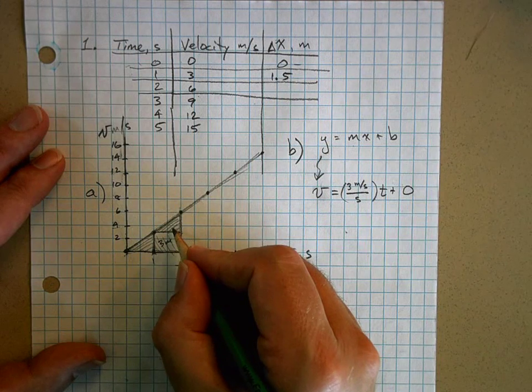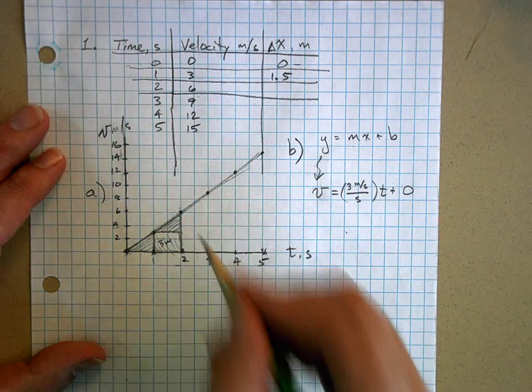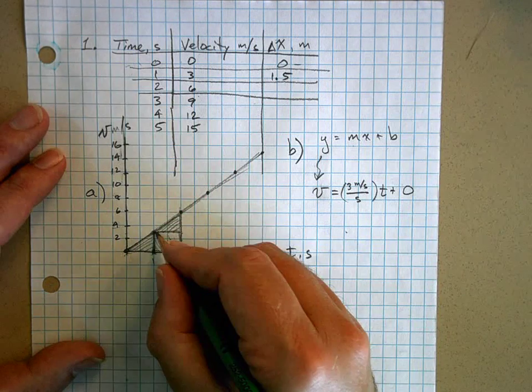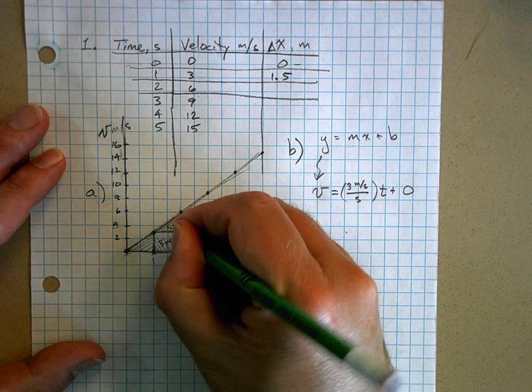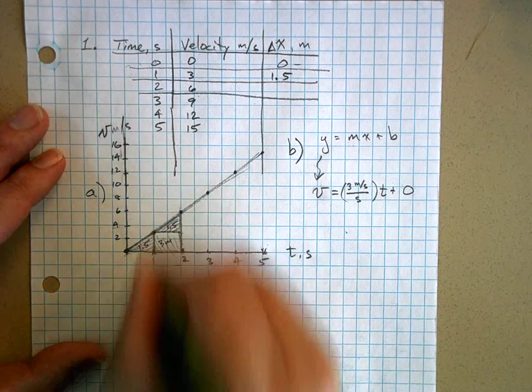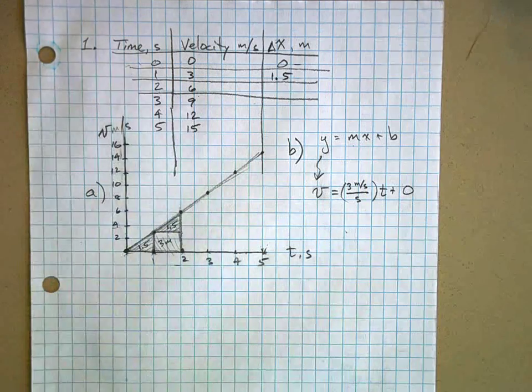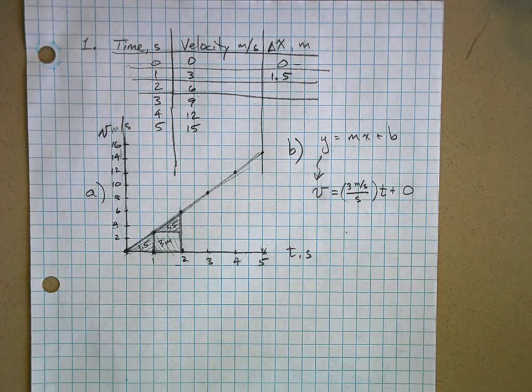And then what is this triangle? Well, it's 1.5. I'll go ahead and put the 1.5s in there. Now, what total distance have I gone? I mean, what's my displacement now? Some students will say 4.5, and they're partially right.